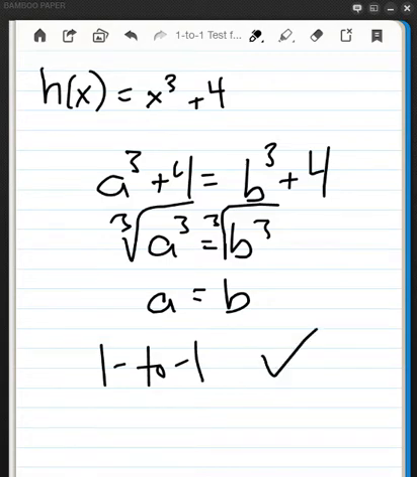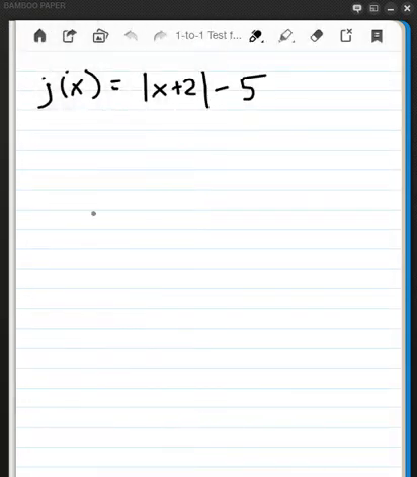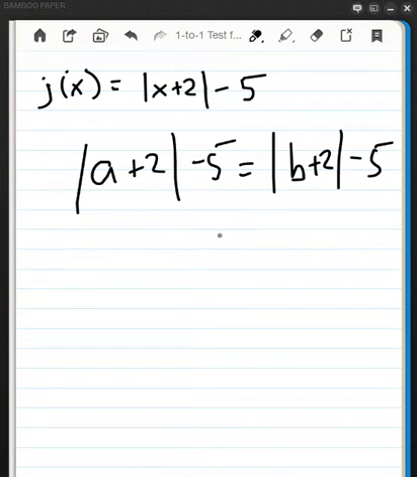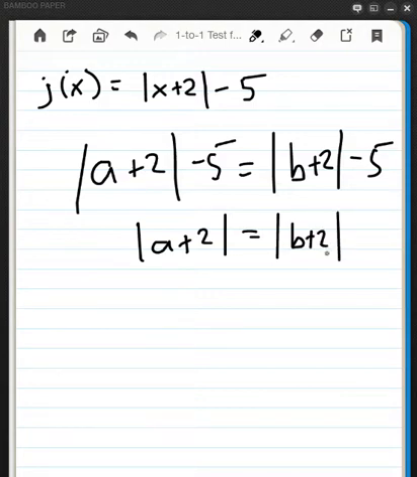Alright, moving on. j of x is an absolute value function, the absolute value of the quantity x plus 2, minus 5. Let's see what happens. If we take an a, its partner would be the absolute value of a plus 2, minus 5. If we take a b, the partner would be the absolute value of b plus 2, minus 5. We can add 5 to both sides, so we get the absolute value of a plus 2 is equal to the absolute value of b plus 2.